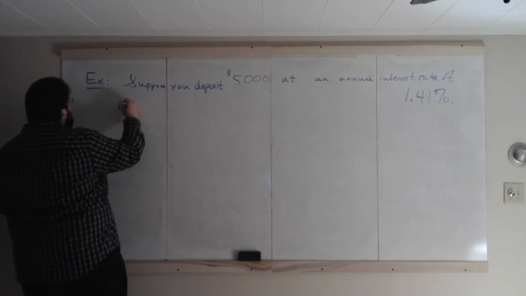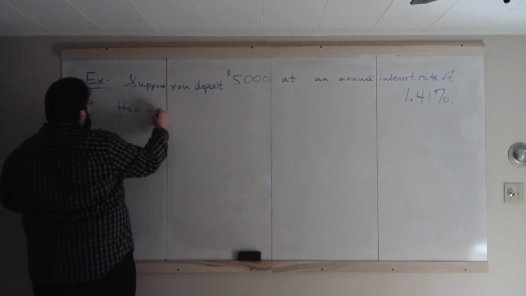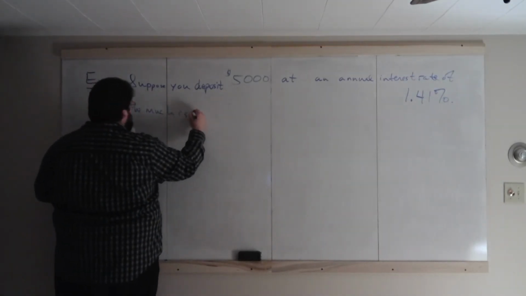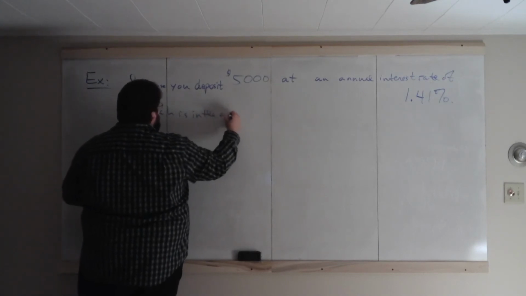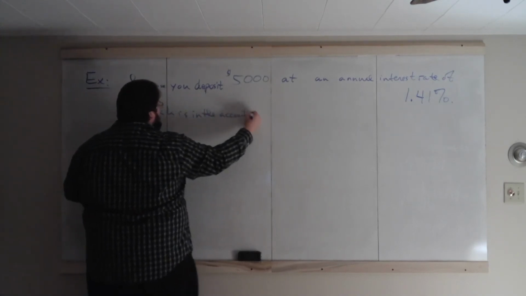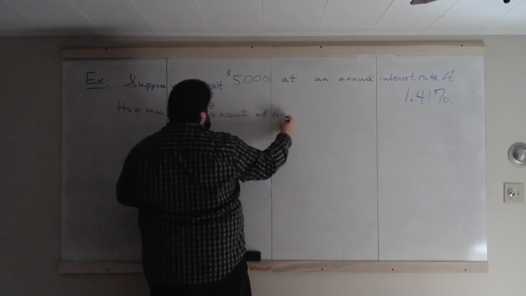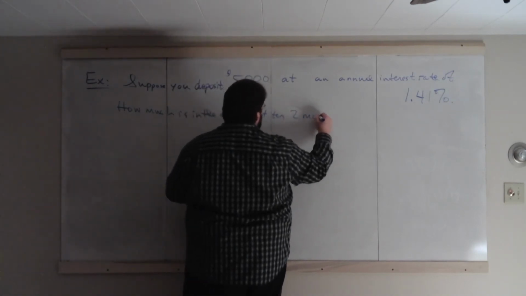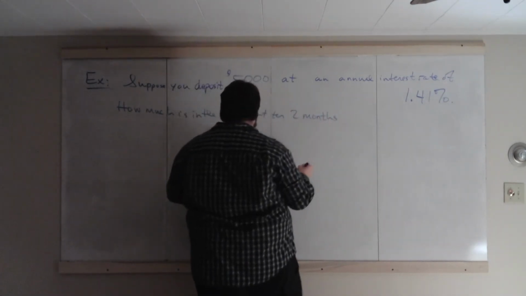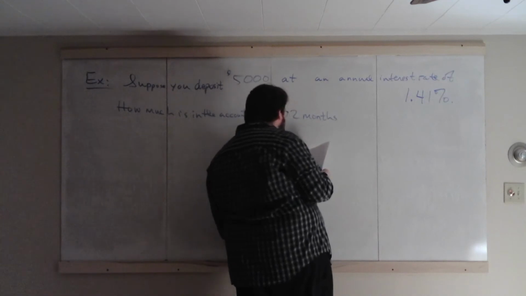How much is in the account after 7 months with monthly compounding? Oh no, I changed that to a 7.